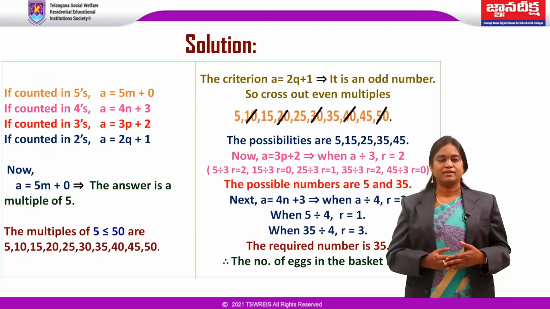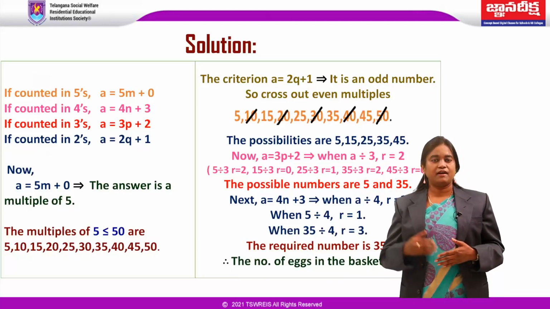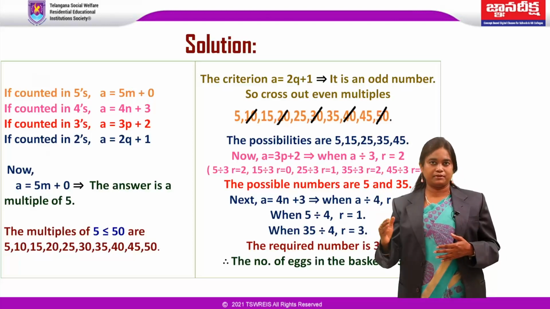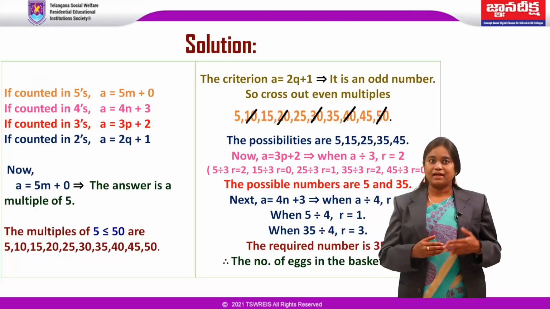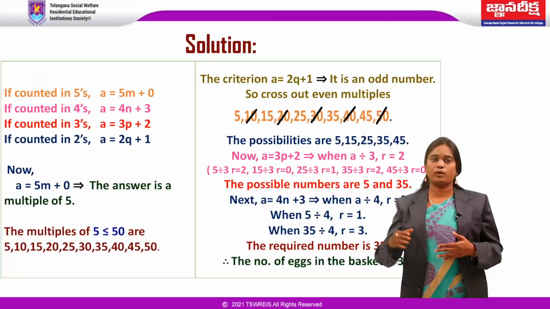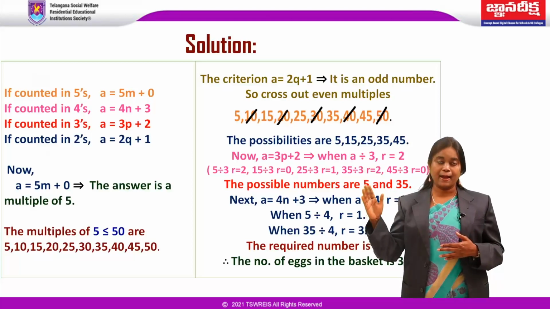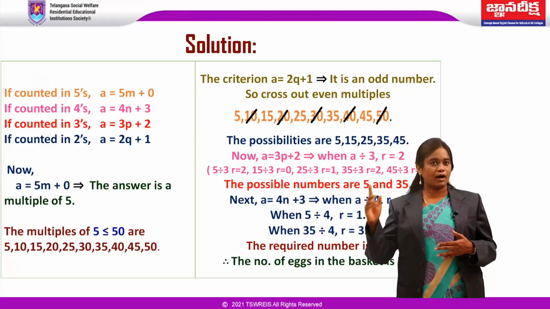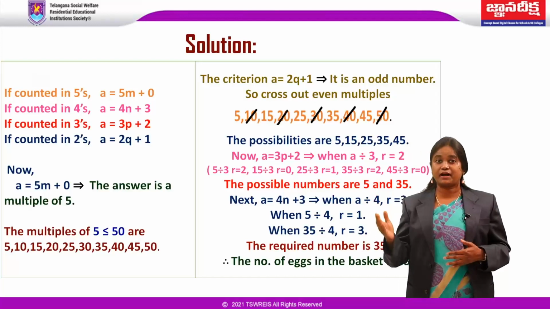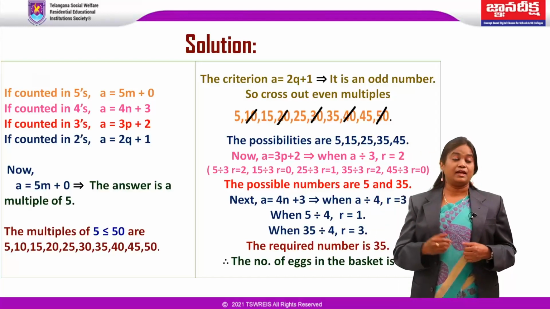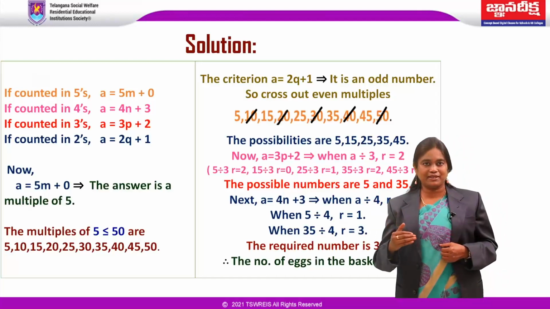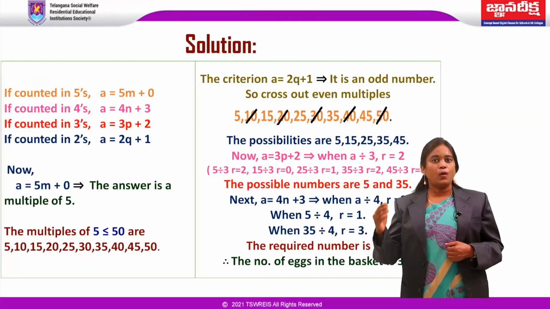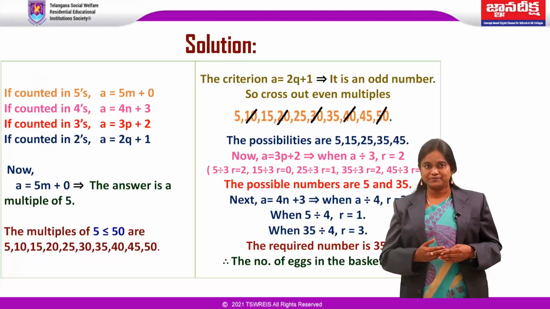Find out. In these 10 multiples, 5 are even and 5 are odd numbers, right? But the criterion A is equal to 2q plus 1 means that the number leaves remainder 1 when A is divided by 2. Isn't it? Now tell me, which numbers leave remainder 1 when divided by 2?